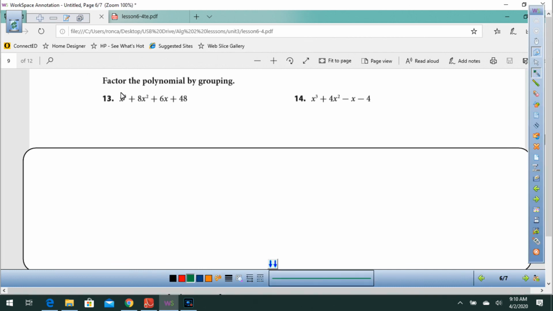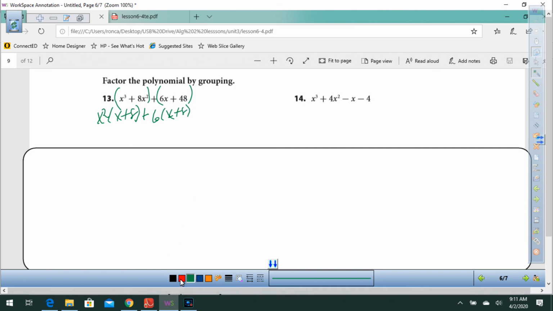So let's see here. What do we got? We got x cubed plus 8x squared plus, all right. Grouping, we're going to group the first two, and then we're going to group the second two. What's the greatest common factor in the first group? We got x squared. That leaves you with x plus 8. In the second group, we got 6, and that leaves you with x plus 8.